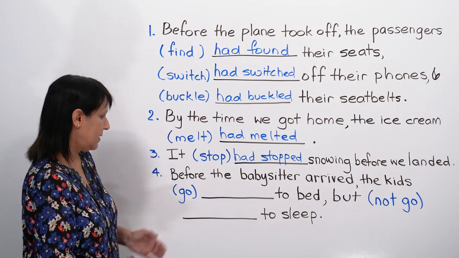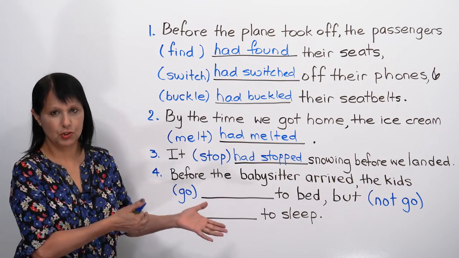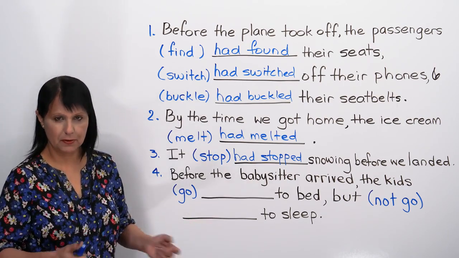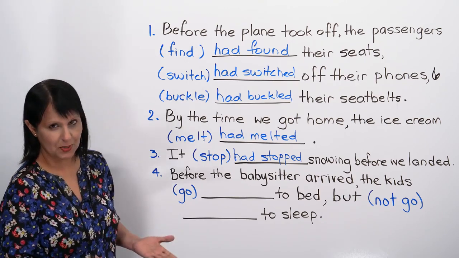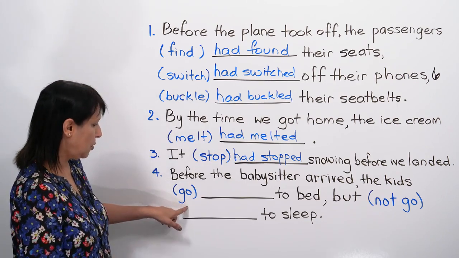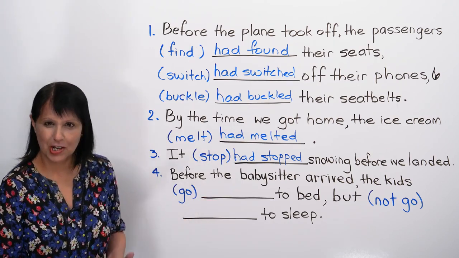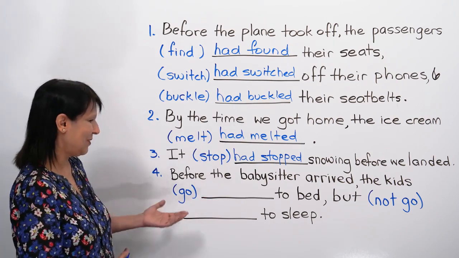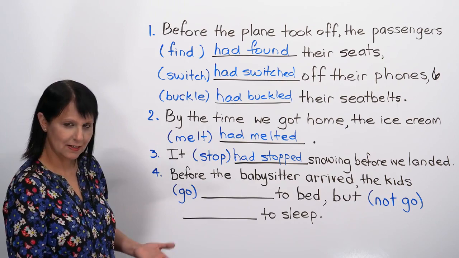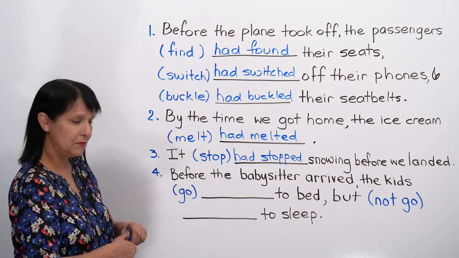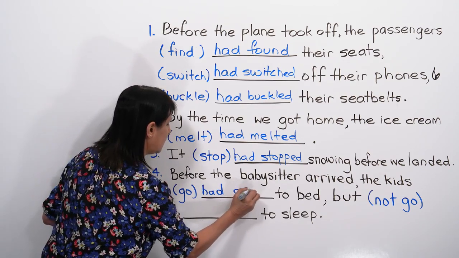Number 4. Before the babysitter arrived, who's the babysitter? A person who looks after children when maybe their family is away or their parents are away. Before the babysitter arrived, the kids, which means the children, go something to bed, but not go to sleep, which happens with kids. All right? So, what can we say? Before the babysitter arrived, the kids, put go into past perfect, had gone.